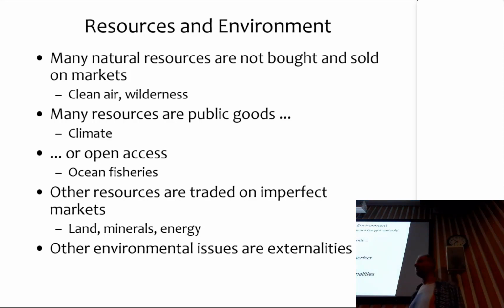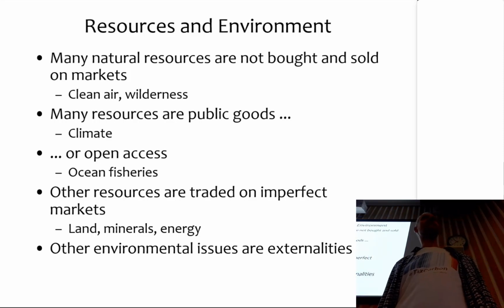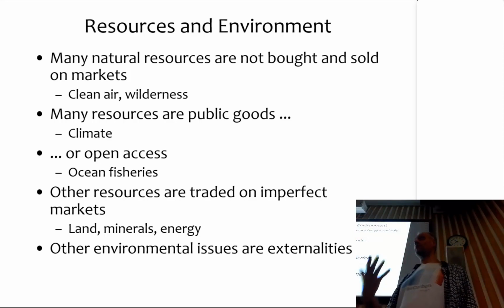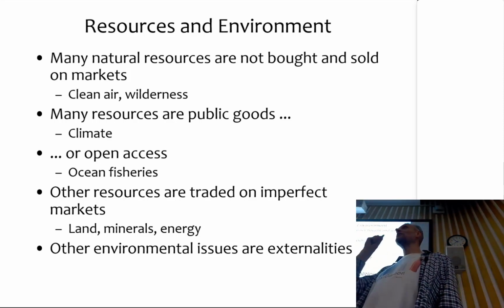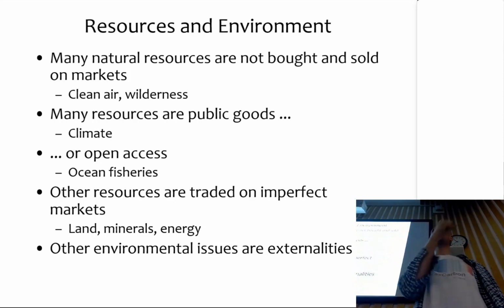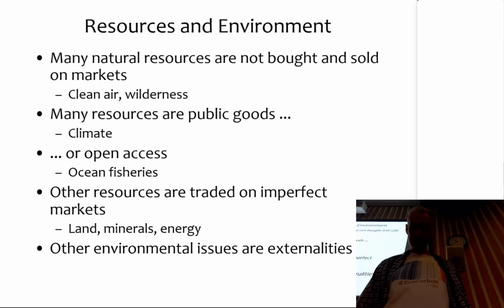So if something goes wrong in these markets, right, and with the environment many things go wrong, then you can know for certain that your market, unregulated, will not deliver the Pareto optimum, right? That is something you can be sure of.